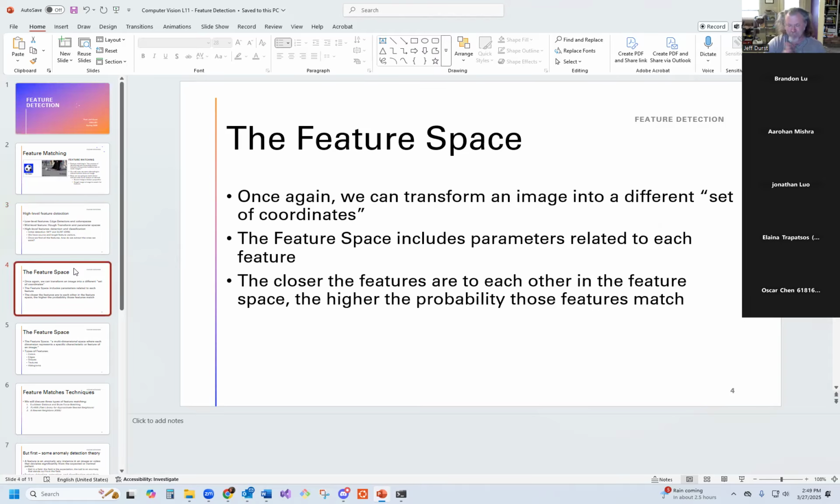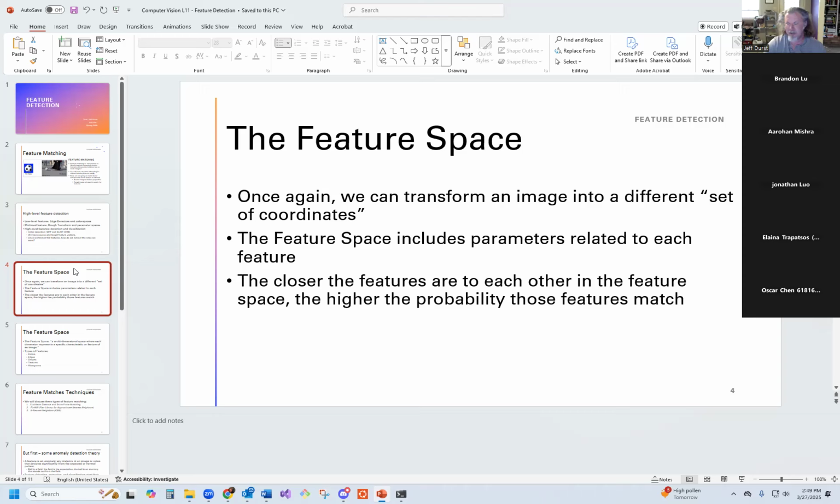So this just goes along with what I was just kind of talking about with this idea of, we work in color spaces for our low level stuff, and we work in parameter spaces for our mid level stuff, and now we're working in the feature space.